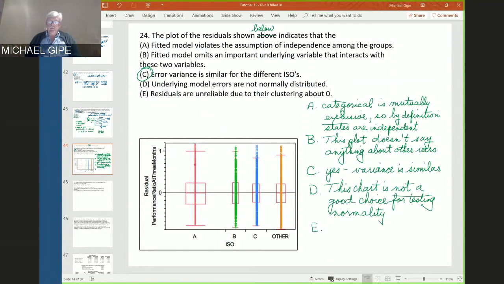How about E? Residuals are unreliable due to their clustering around zero. Well, residuals are unreliable. The residuals should be clustered around zero.